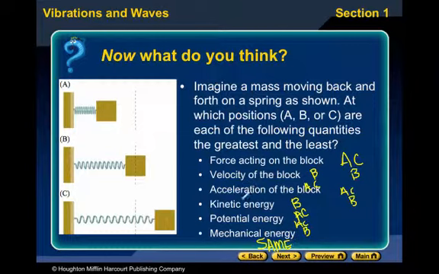So when you add kinetic plus potential, if kinetic's high, potential's very low, so it evens out. If potential's high and kinetic's low, then it equals out. So mechanical is always the same, no matter what, because kinetic and potential just transfer between each other.